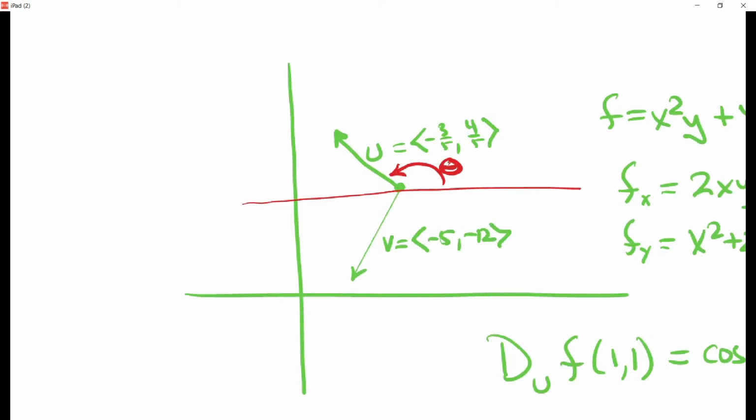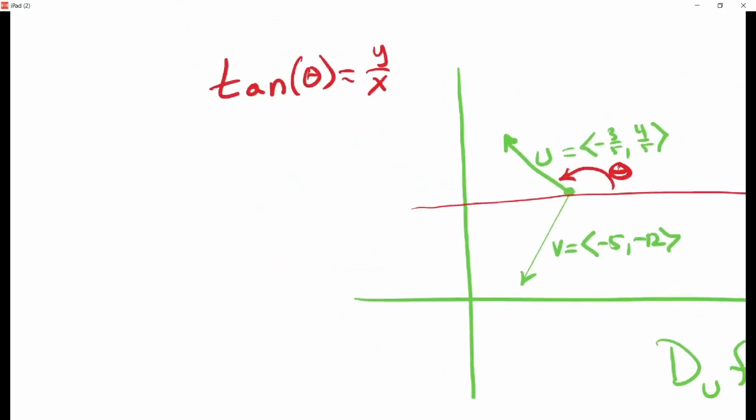There's a couple of ways to go about this, and I'm loath to do it the hard way. So I'll just write it down. The tangent of the angle is going to be y over x. That's one of the formulas we had, right? So that's option one.